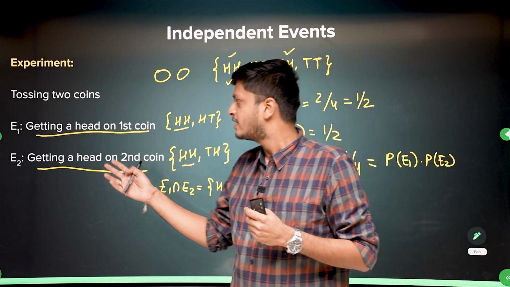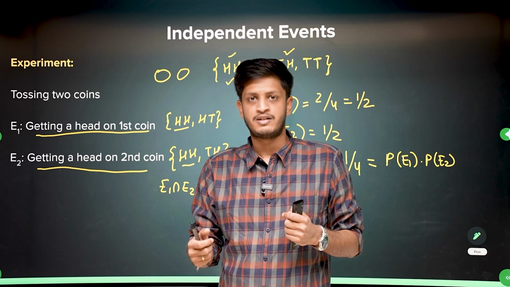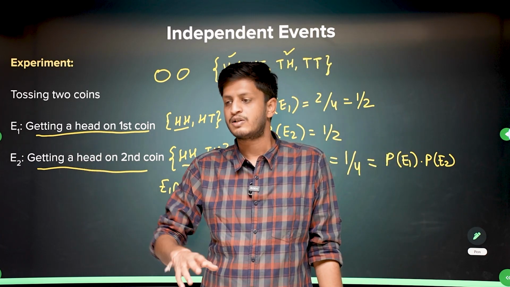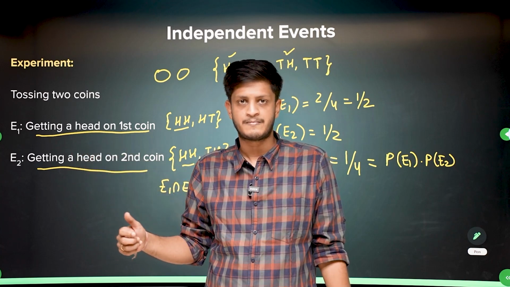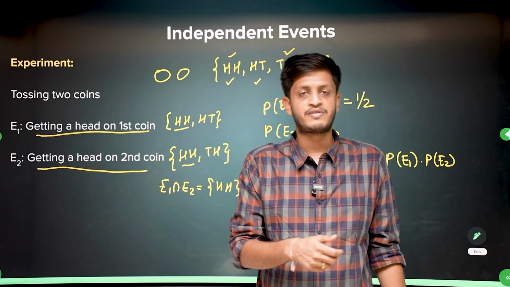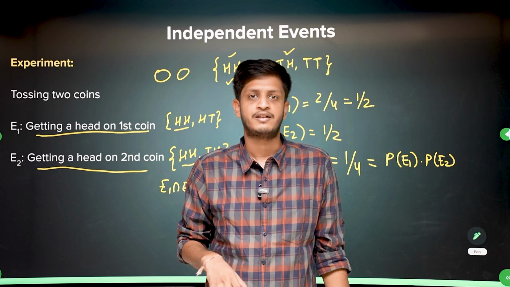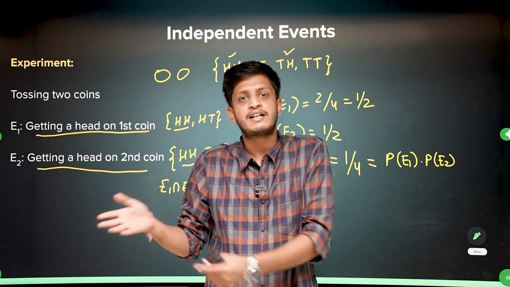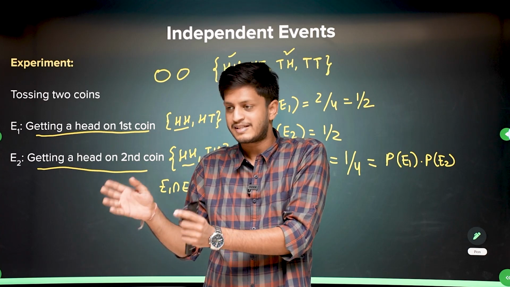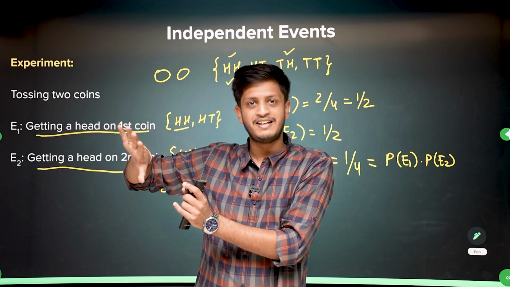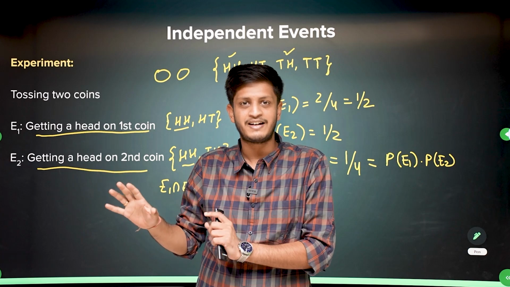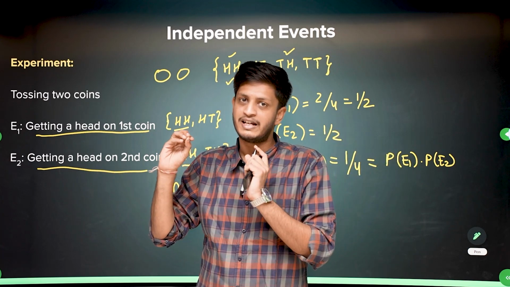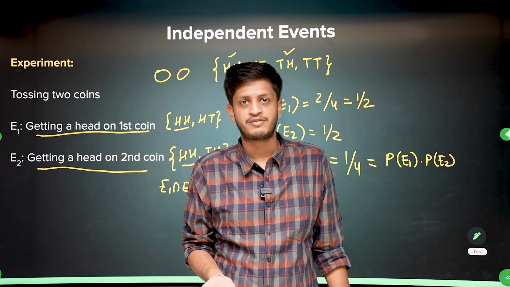Let's say two individual people are tossing two coins. The first guy says that I got a head. Now what is the probability that you are getting a head? It still remains half, right? The second guy is independently tossing the other coin, so it doesn't matter what happens on the first coin. The probability of getting a head on the second coin still remains half.